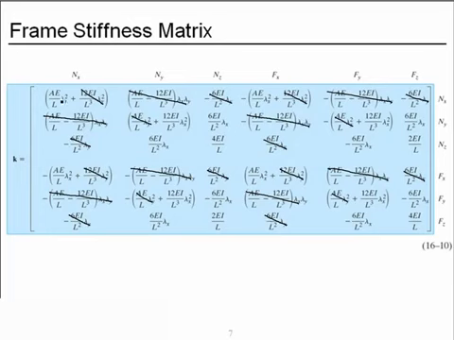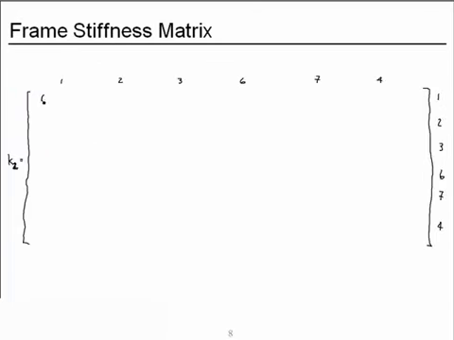So for the first row, we're left with AE over L and minus AE over L. The rest of the entries are 0. And here we had minus AE over L, and the rest of the entries for this row are 0.